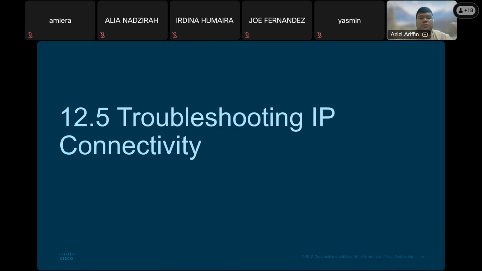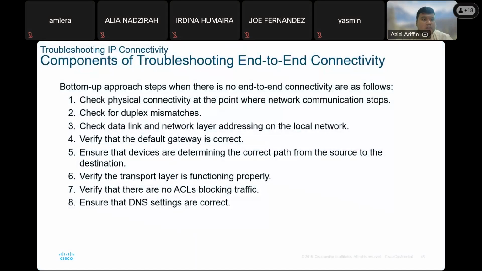So if we want to troubleshoot IP connectivity using the bottom-up approach, always check the physical connection first, whether the port is up or not. If the port is up, maybe there is a duplex mismatch, where one side is half duplex and the other side is full duplex. Or we can check data link and network layer addressing issues.